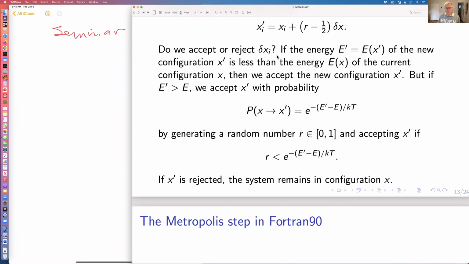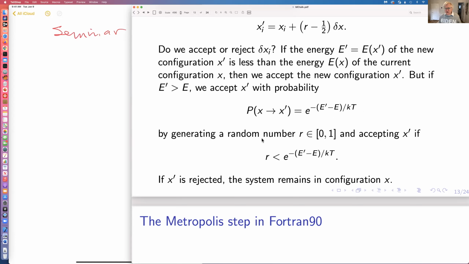Now, how do you decide whether to accept or not? That's the Metropolis Step. If the energy of the new configuration is less than the energy of the current configuration, then you always accept the new configuration. If the energy of the new configuration is higher than the energy of the original configuration, you accept the new configuration conditionally with this probability, e to the minus (E prime minus E) over kT.